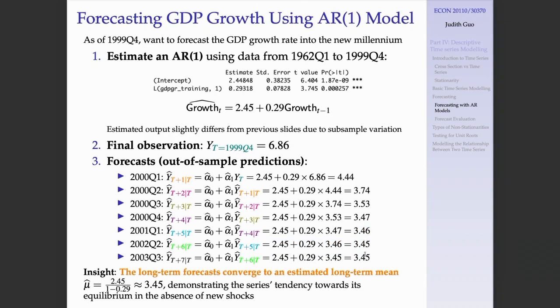The 3.45 is the estimated long-run mean, if you compute the estimate for mu using the 2.45 and 0.29. Remember, for a stationary time series, in the absence of shocks, it must revert to its long-run mean and sit there without any attempt to deviate, unless a surprise shock hits the series.